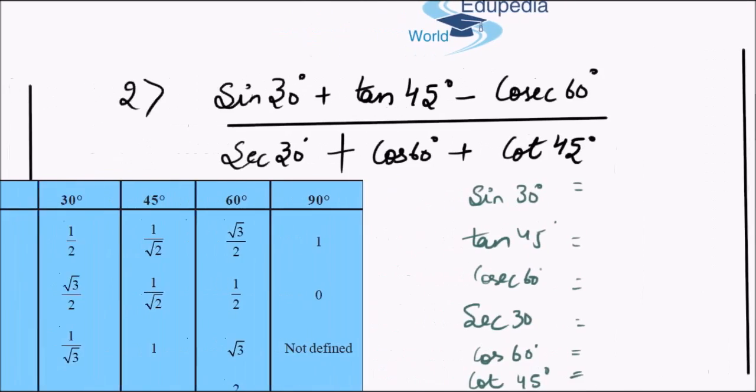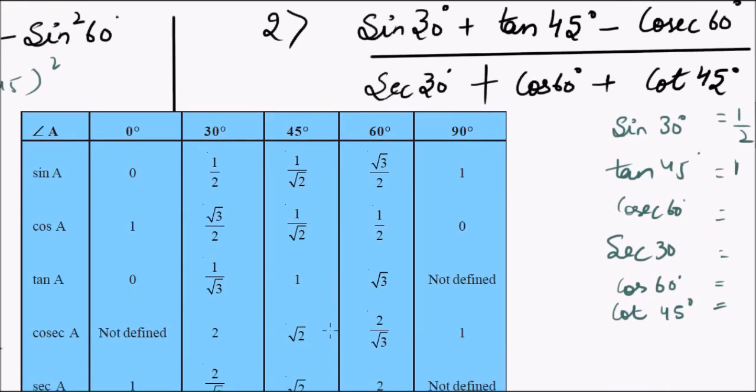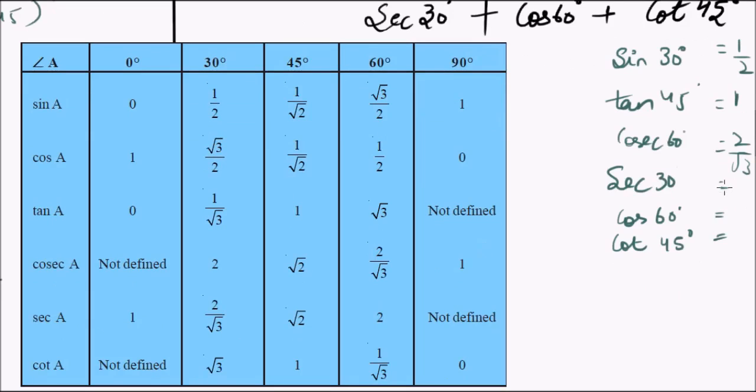So sin 30 degree is 1 by 2, tan 45 degree is 1, cosecant 60 degree is 2 by root 3, and secant 30 degree is 2 by root 3. Cos of 60 degree is 1 by 2 and cotangent 45 degree is 1.